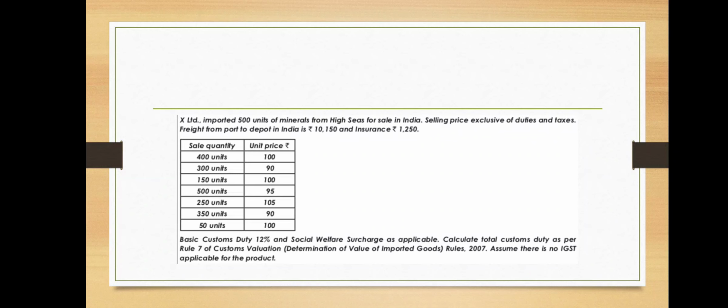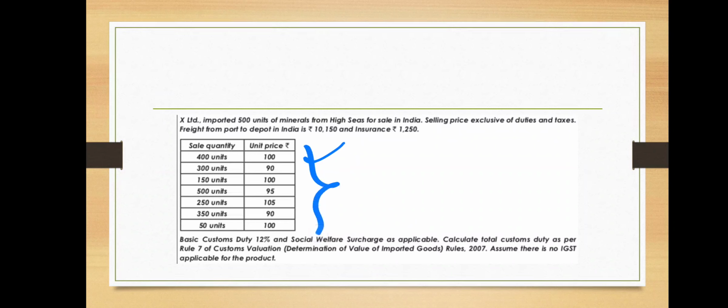Before that, sales quantity is given, and unit price is given. Here, what is the sales price: for 400 units the unit price is 100, for 300 units 90, for 150 units 100, for 500 units 95, for 250 units 105, for 350 units 90 and for 50 units 100.